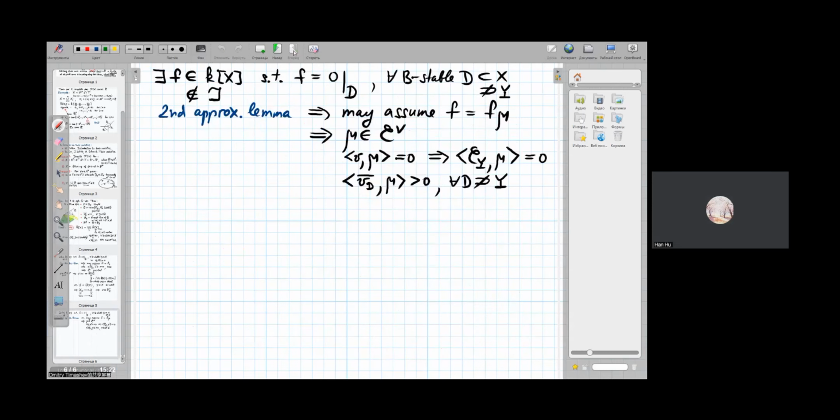And also you see that the vectors vd bar belong to this face if and only if the respective divisor contains y. So for those divisors which do not contain y, they do not belong to this face. This pairing is positive. And for those vectors which contain y, the respective vectors sit in this cone, and here the pairing is zero.